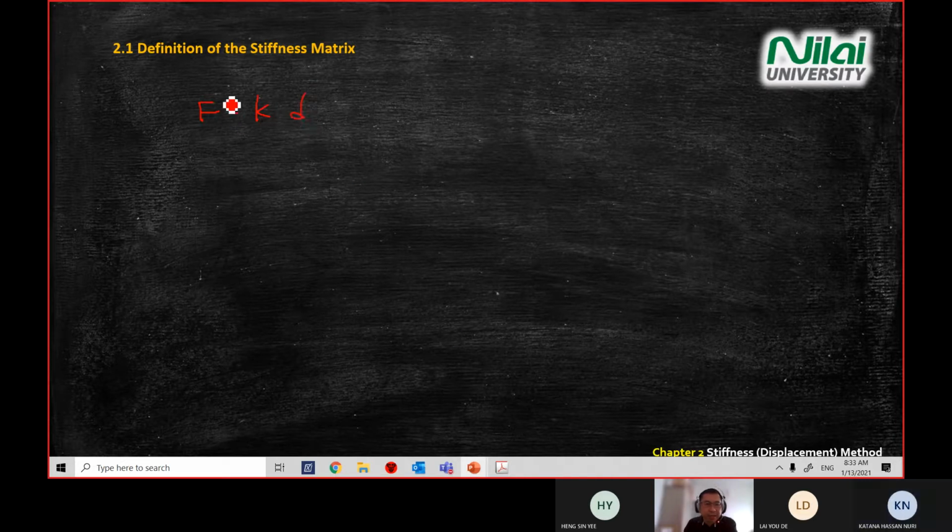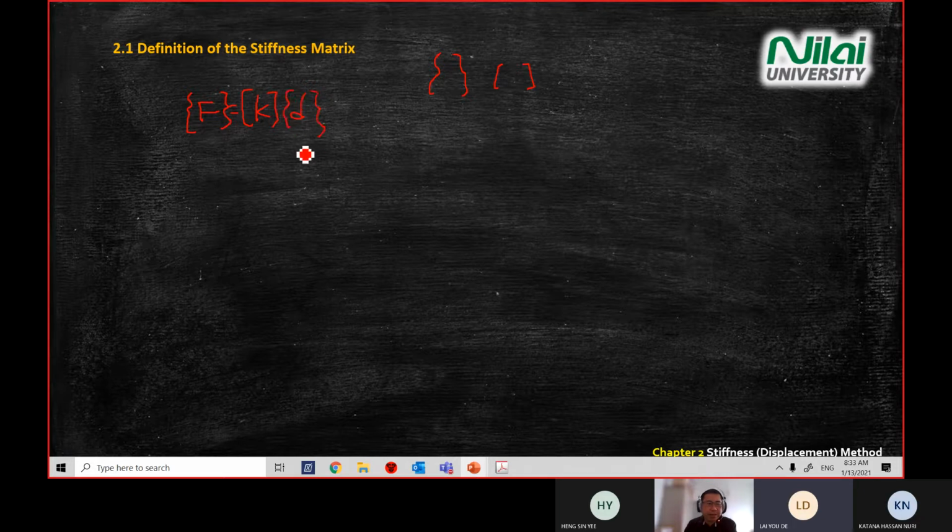Excellent. Okay, Lai, what is the shape of the bracket that we should use for F, our force? We have two types, curly and square brackets. So what shape of matrix should we use for our force? Curly. What shape should we use for K? Square. Then for D? Curly.